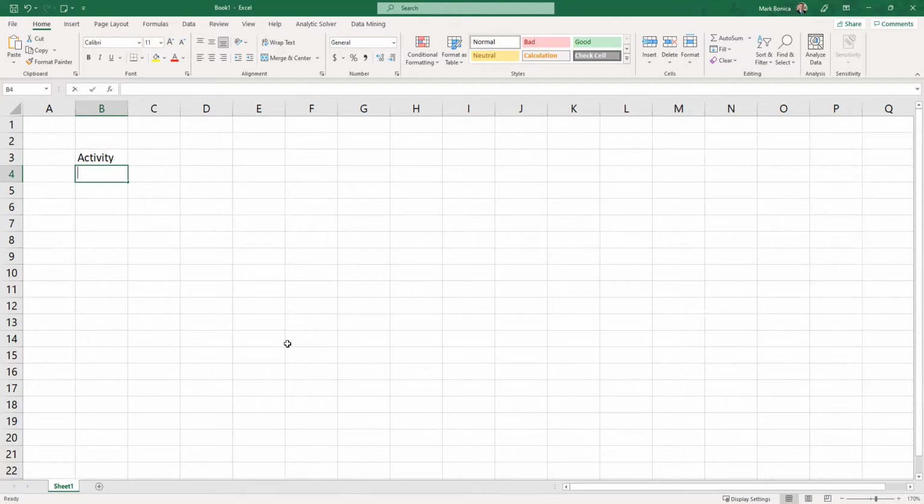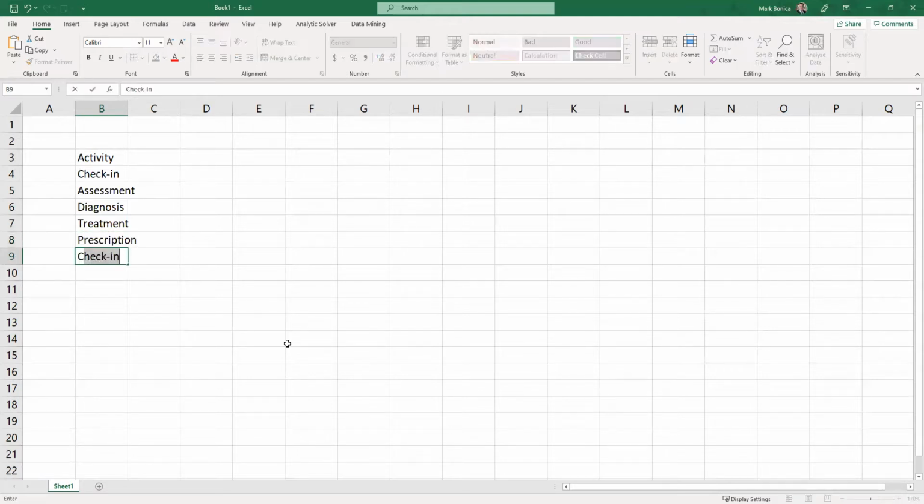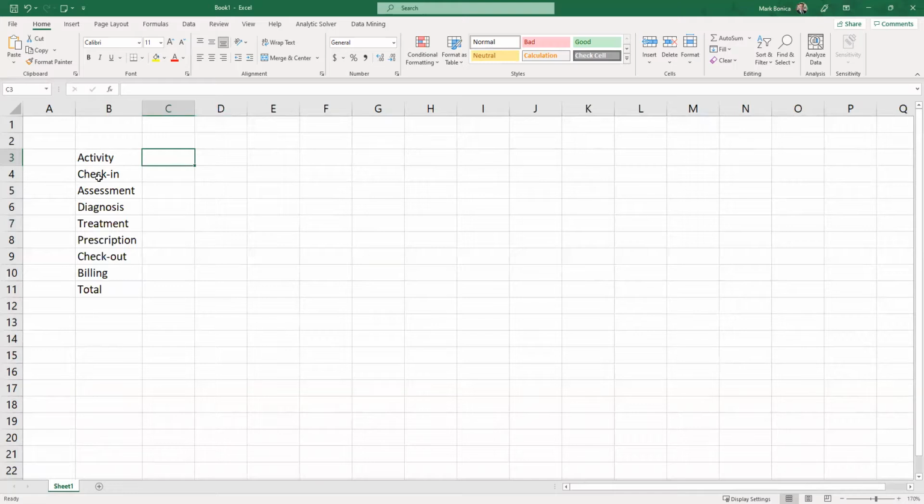And those activities are going to include check-in, getting assessed, so assessment, getting a diagnosis, getting treated, getting a prescription, checking out, and then billing. And then we'll total that up. So these are the steps in our process of getting care in our, say, our primary care facility.